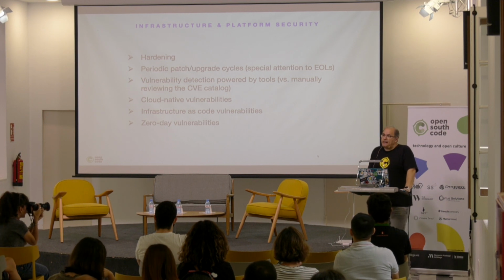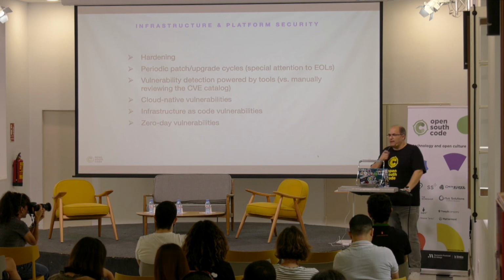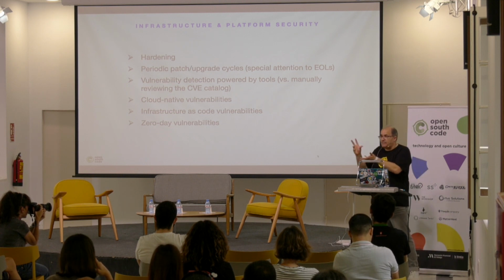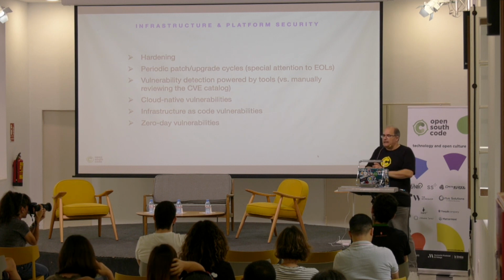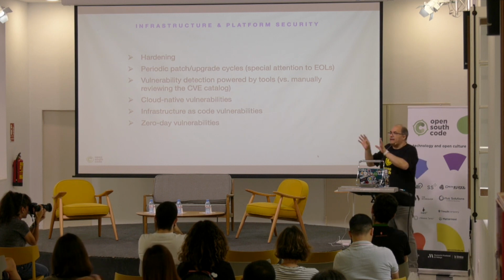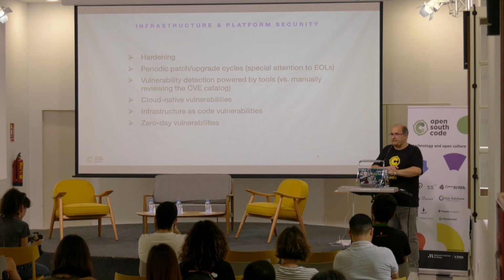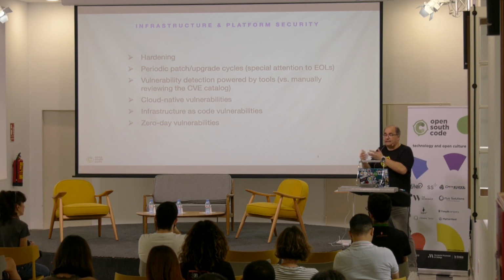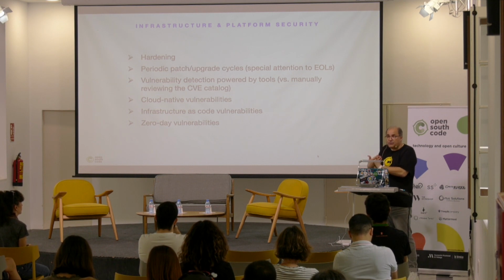There is a special part which is cloud-native code vulnerabilities, and we are going to show an example. When we are building applications in the cloud-native world and using, for example, a serverless platform or a cloud provider, we just tend to think that my code is there and I don't need to do anything, but that's not the case. We also need to be aware of the information the cloud provider and the platform are giving to us, and constantly patch that.